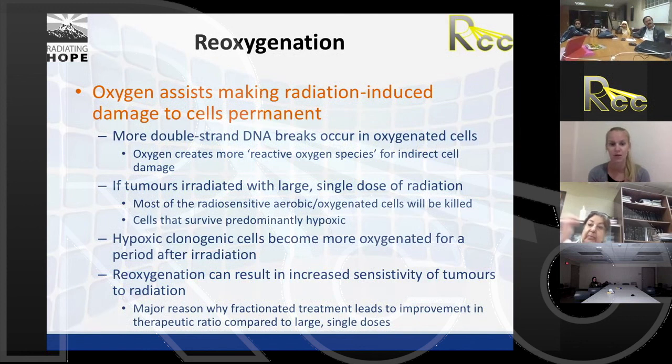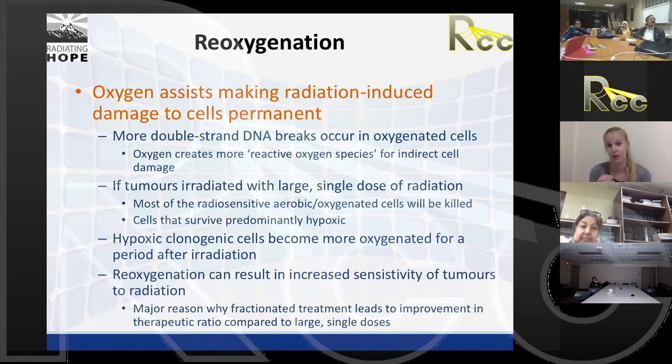Your therapeutic ratio is where you've got your tumour control probability curve and your normal tissue complication probability curve, and you've got that area in the middle where the risk of normal tissue complication is small and the chance of tumour control is high. So that's your therapeutic ratio.